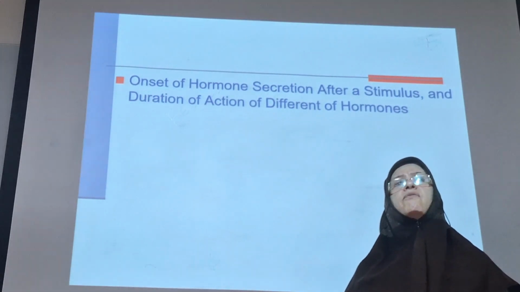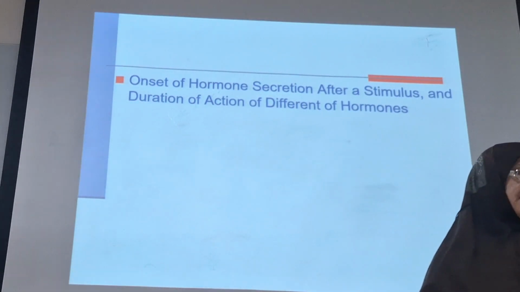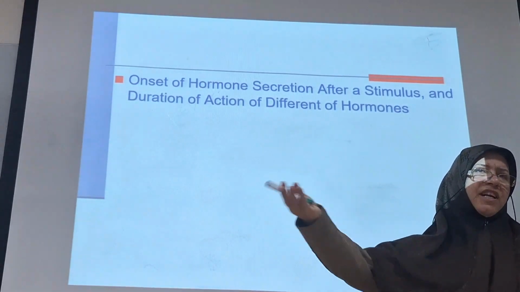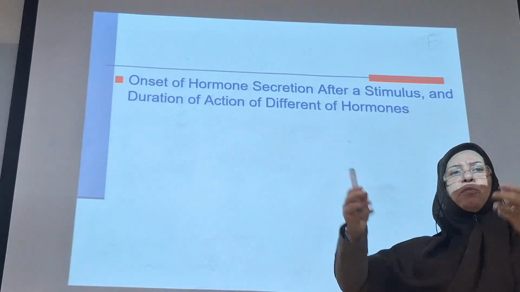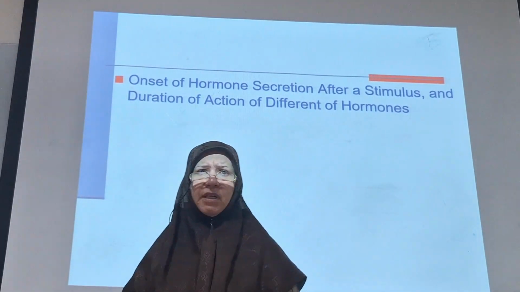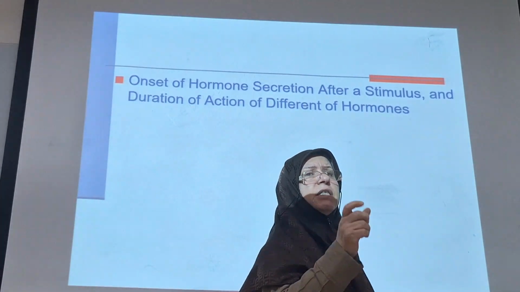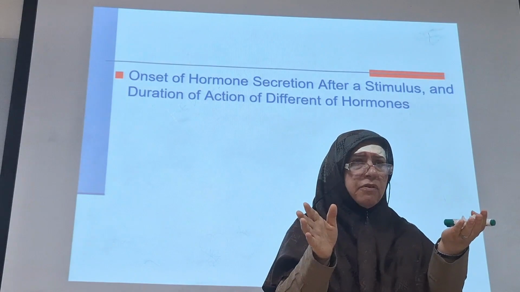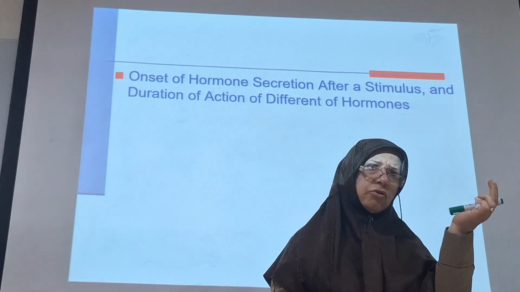Onset of hormone secretion and duration of hormone action are very different for different hormones. For example, catecholamines or norepinephrine are secreted within seconds, develop full action within minutes, and finish.